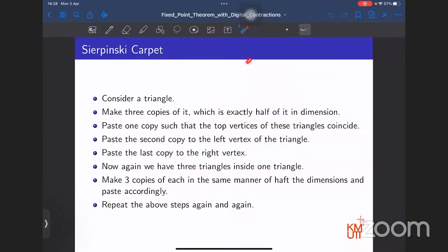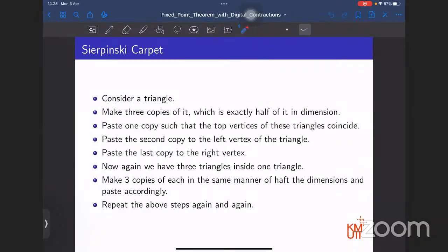First, we have a triangle, right? We consider the triangle and make copies of it at exactly half of its dimension. It means half the size in dimension of the picture, like this.